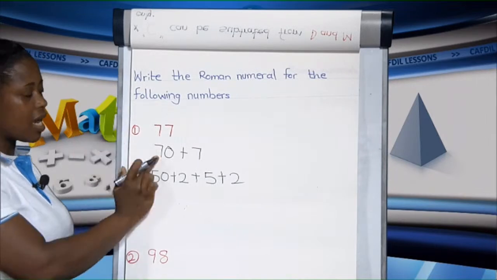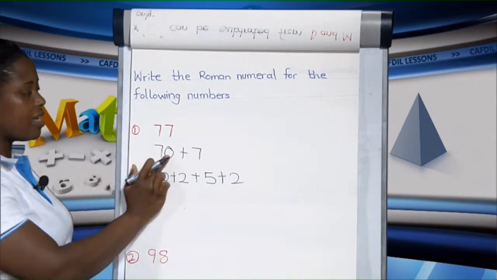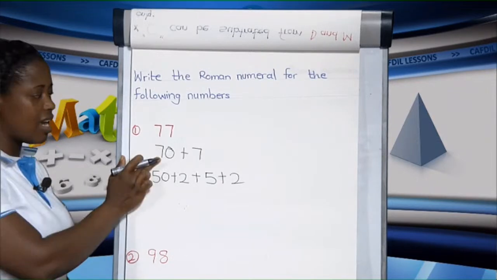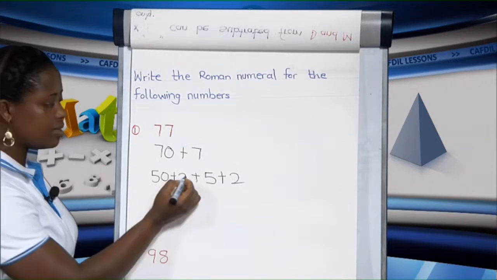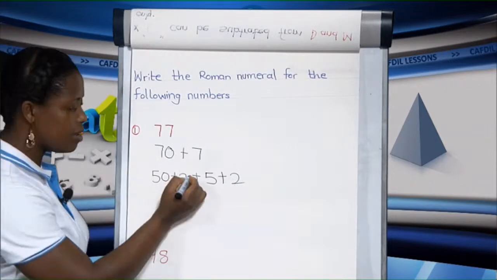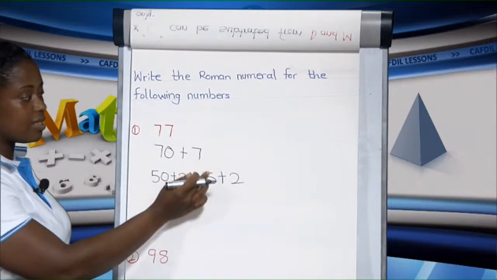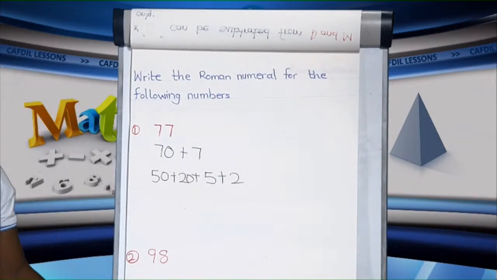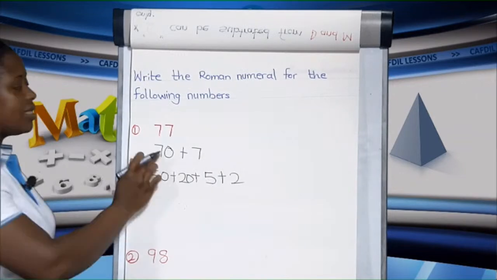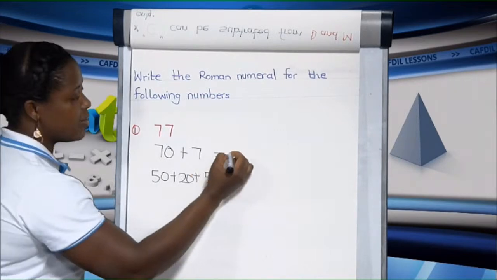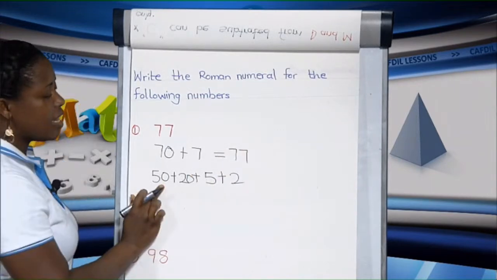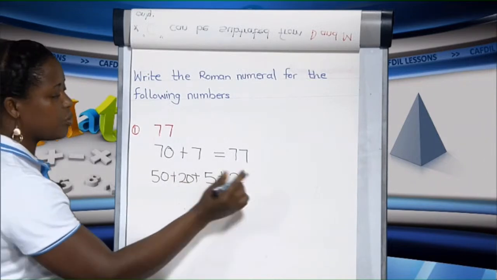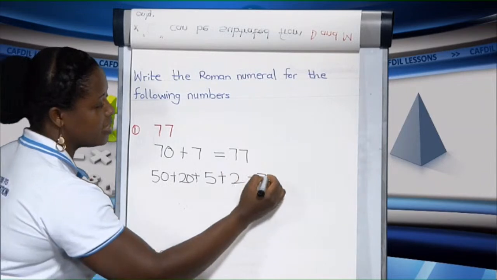It is still 77. So 70 plus 7 is 77, and 50 plus 20 plus 5 plus 2 is also 77.